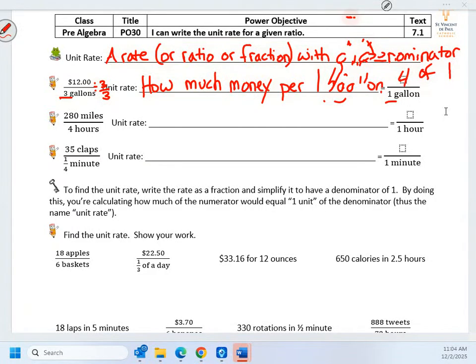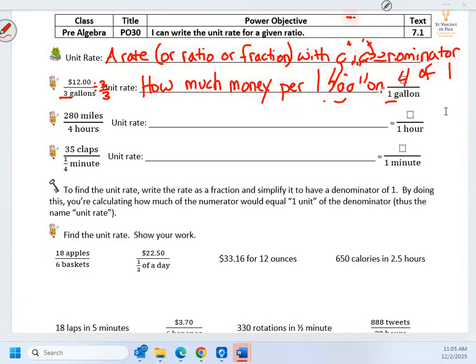So now we want to look at the unit rate of 280 miles in 4 hours. This is something that we see all the time. Where would I see something like this, Clara? Station. At the gas station, it's telling us how many gallons. That would be this top one, how much money per gallon.